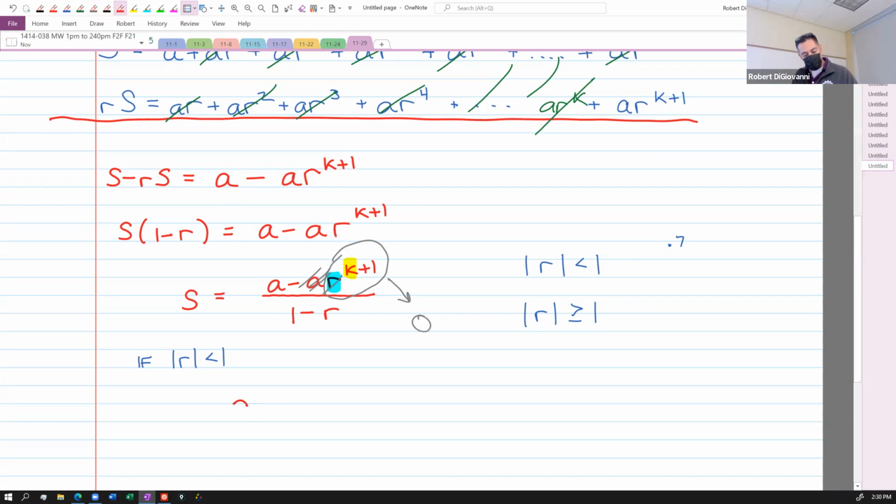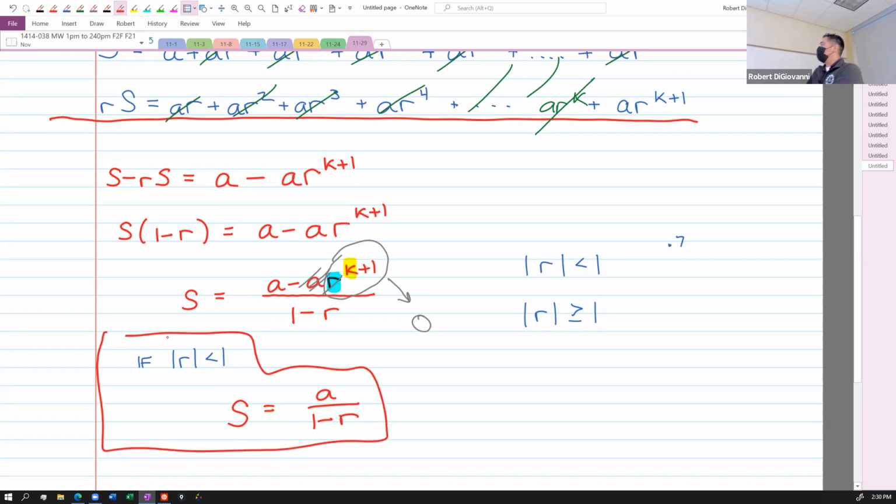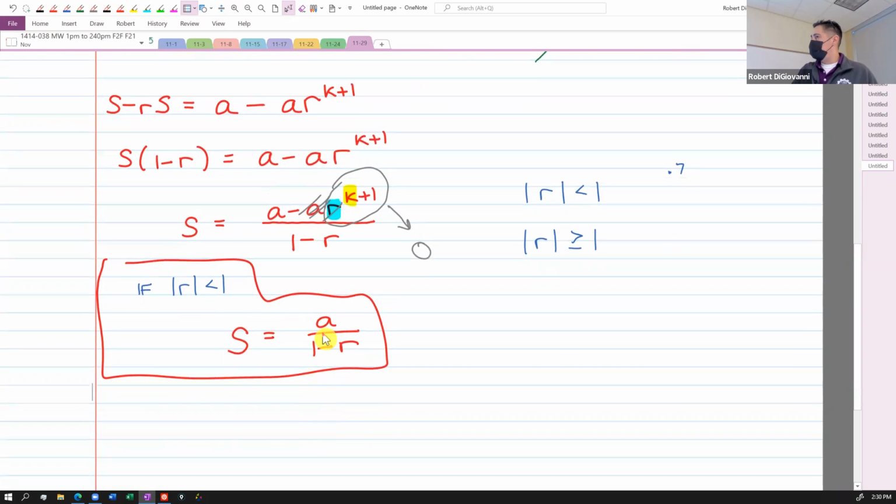A over 1 minus R. And that's the formula for it. So as long as the absolute value of R is less than 1, the sum of the geometric series will be A over 1 minus R. That's an important formula to know.